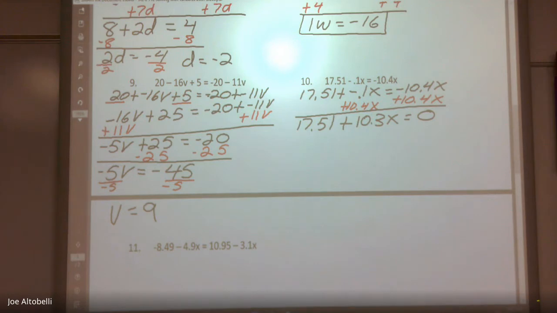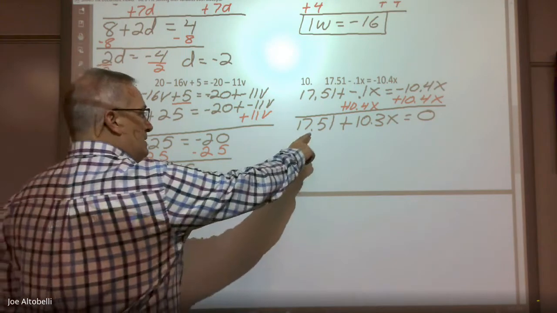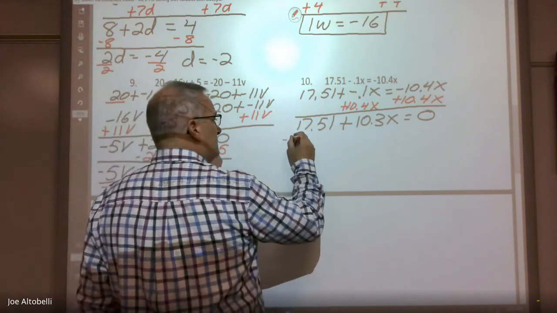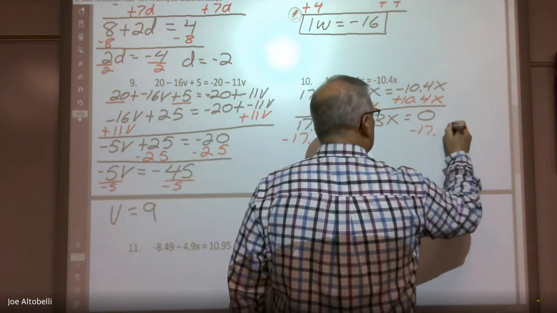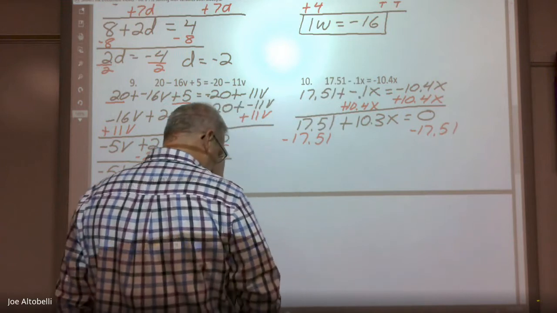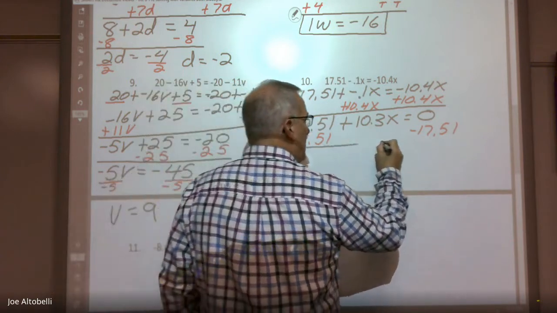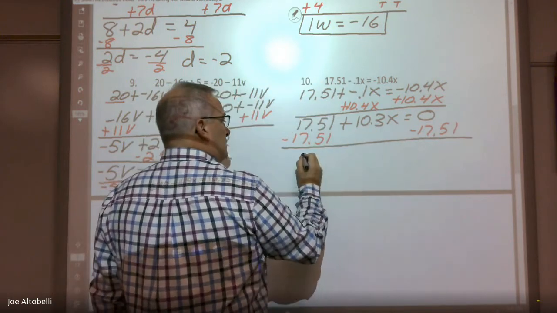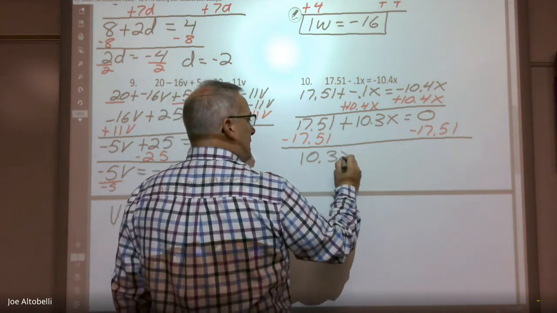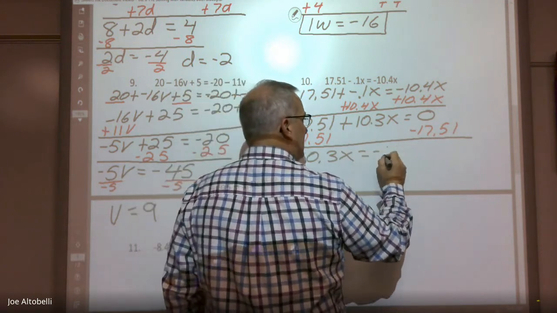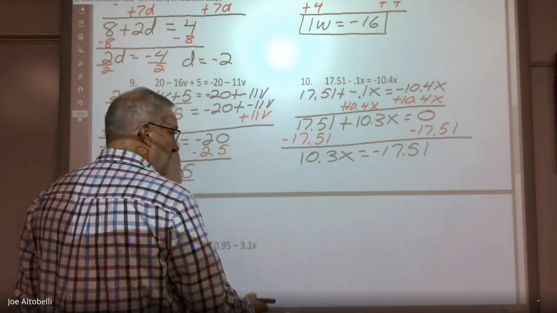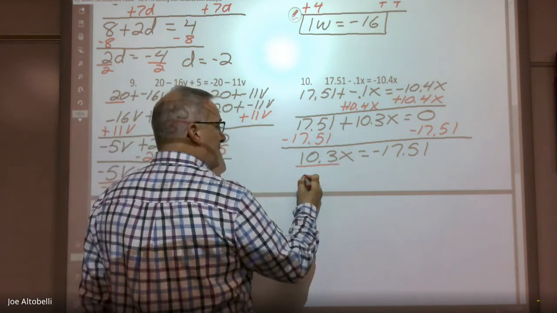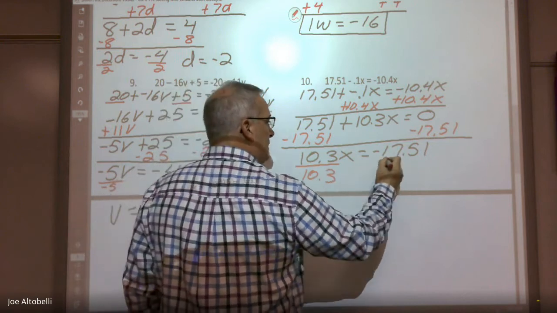Now we have a two-step equation. So we're going to subtract the 17.51. So this will be 10.3x is equal to a -17.51. And then we have to divide by the 10.3.